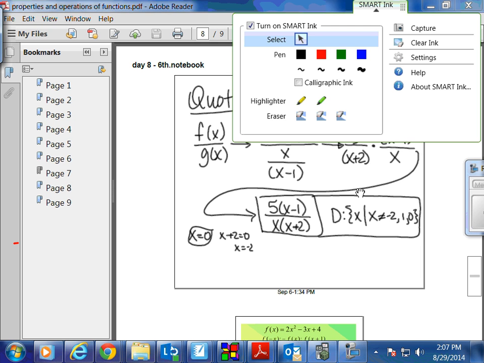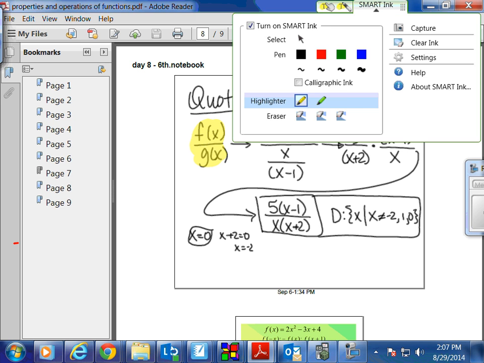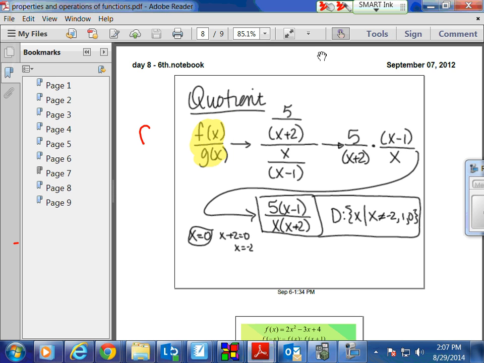Now let me highlight. This right here is what you had to work out on the quotient, and what you had to know already was this idea. This is one step ahead of this notation here: f divided by g of x is equal to that. Once you get to the highlighted part, we put down our two equations dividing each other.